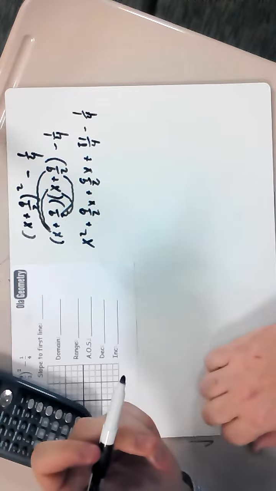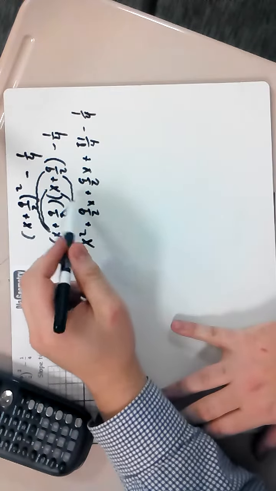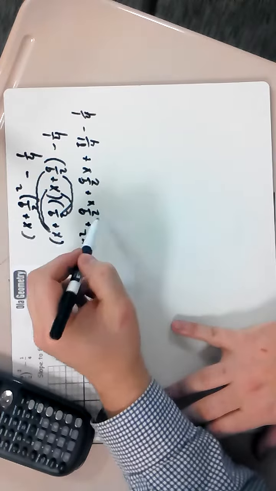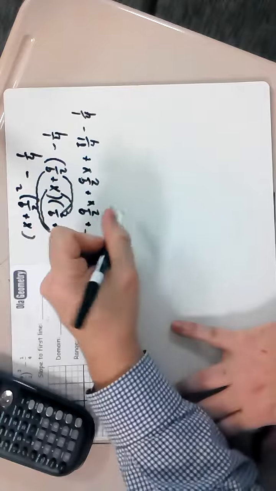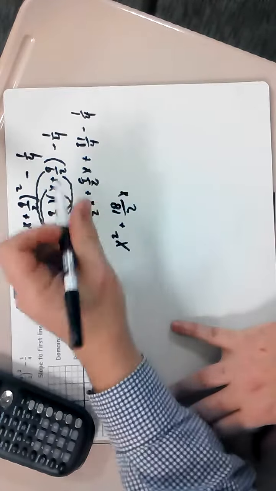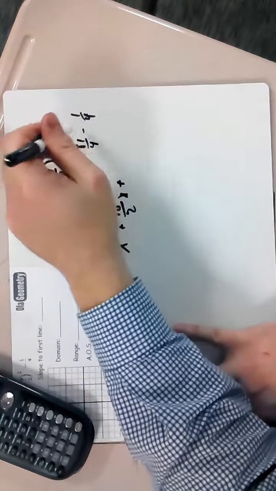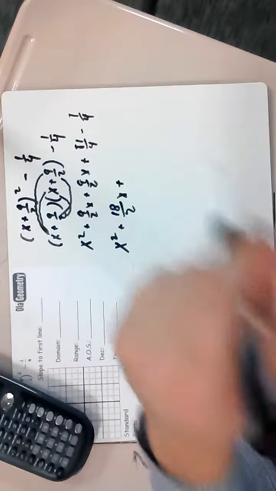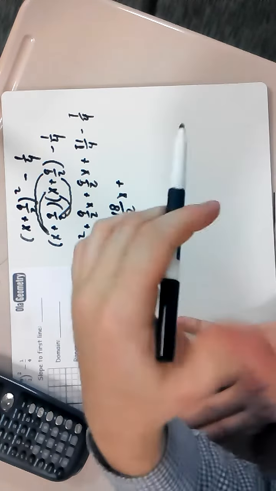Now I'm going to combine like terms. When I add fractions, the rule is a little bit different. I add the numerators and the denominator comes along for the ride. So 9 plus 9 is 18. So that's x squared plus 18 over 2 x. Plus, same rule for subtraction. I subtract the numerators and the denominator comes along for the ride.